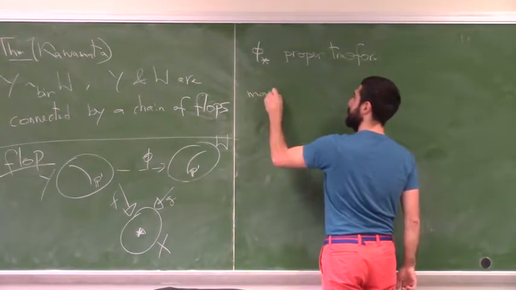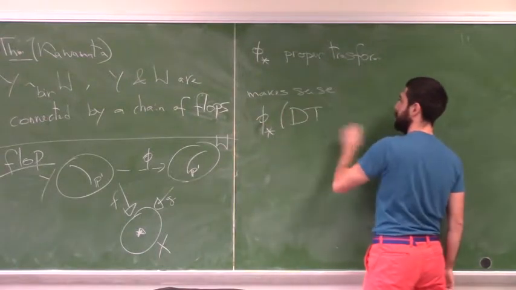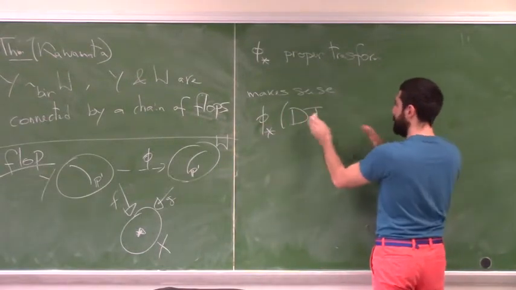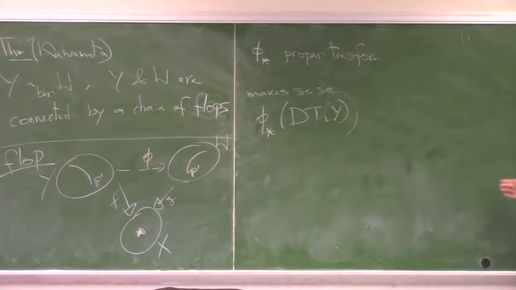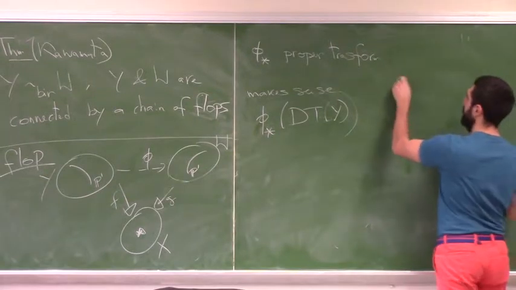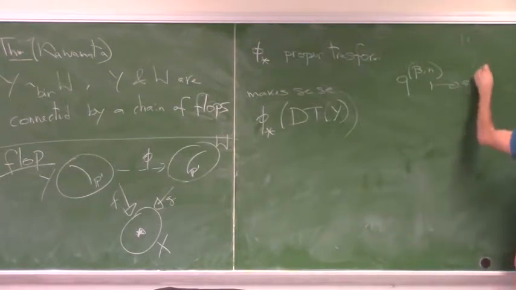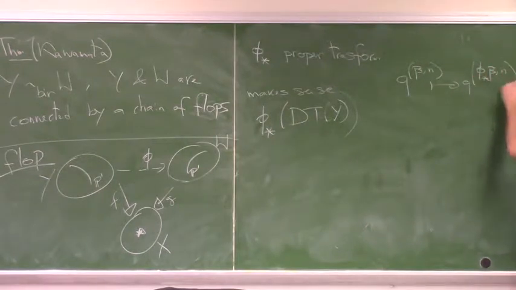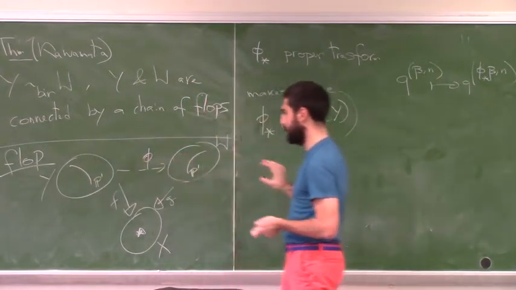And so now it makes sense to write something like this. So I can transport this series from one side to the other. Does this make sense? So basically, all I'm doing is taking this formal variable q^beta, n, and sending it to q^(phi star beta), n. I'm just taking the transform of this curve class and leaving n alone. Okay. So now I can actually relate the invariants on this side and the invariants on the other side.